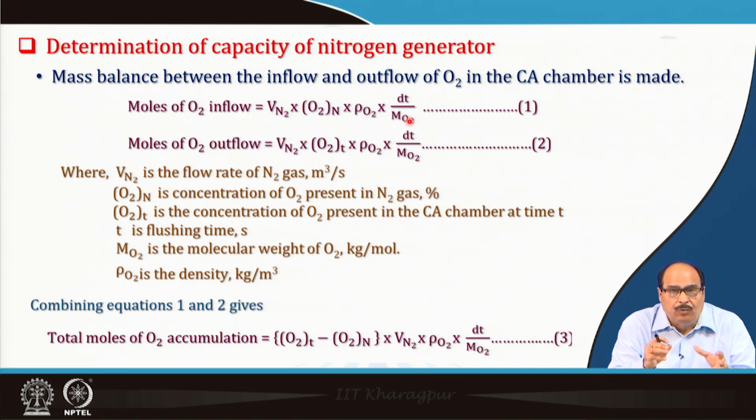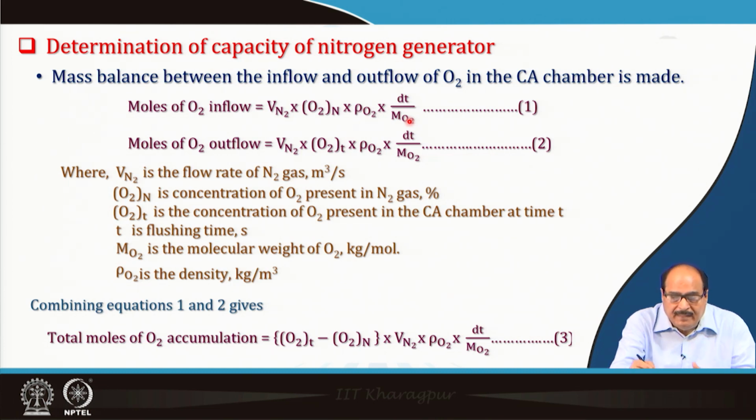Here Vn2 is the flow rate of nitrogen gas, O2n is the concentration of oxygen present in nitrogen, that is the percentage, O2t is the concentration of oxygen present in the CA chamber at time t, where t is the flushing time in seconds, MO2 is the molecular weight of oxygen, and rho O2 is the density of oxygen.